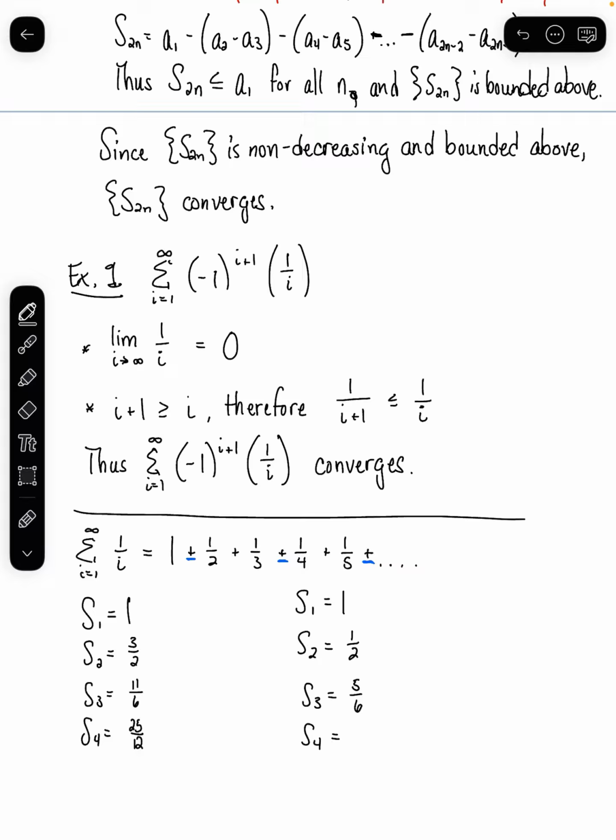We're then going to remove again. This time we're going to remove 1/4, and that's going to give us 7/12. Now after that, we are going to add again. We're going to add 1/5. However, the 1/5 is smaller than anything we've done before, so we were at 5/6.